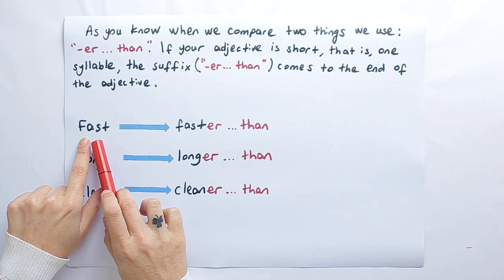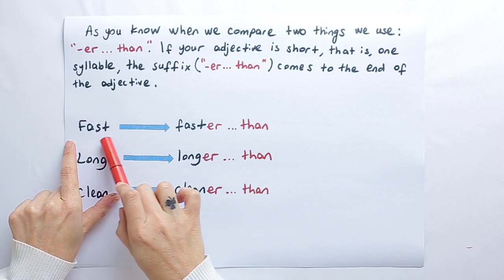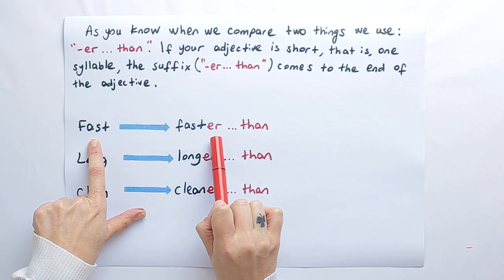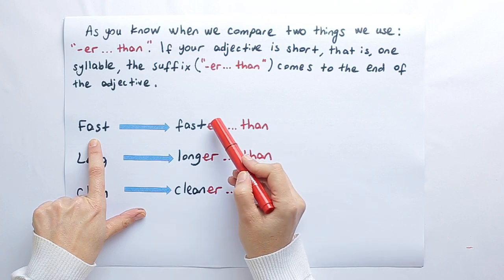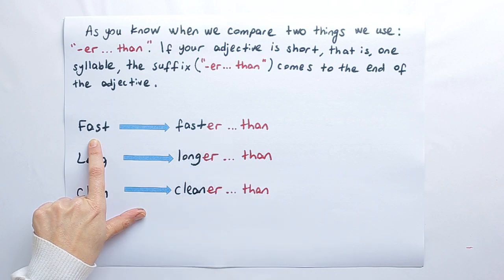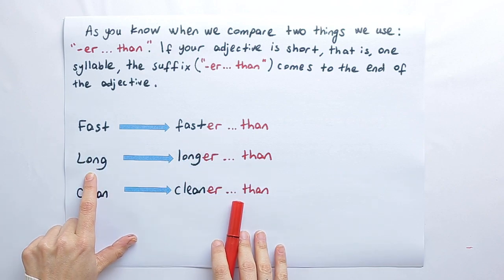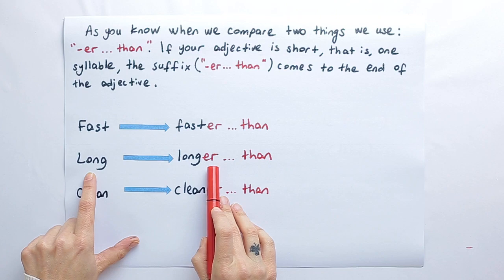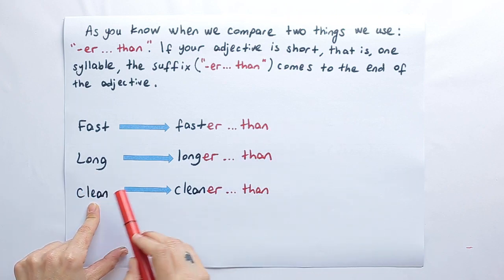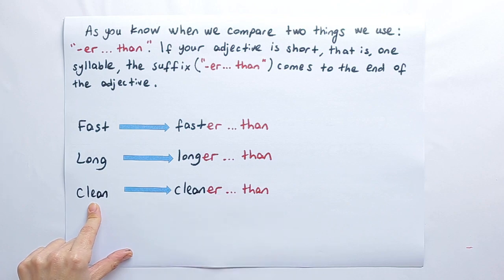For example, fast is my adjective and the comparative form is faster than. We add the suffix er: faster. Long, longer. You can use than in the sentence. Clean, cleaner.